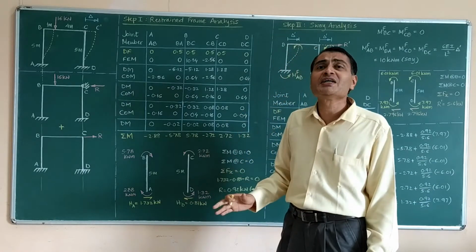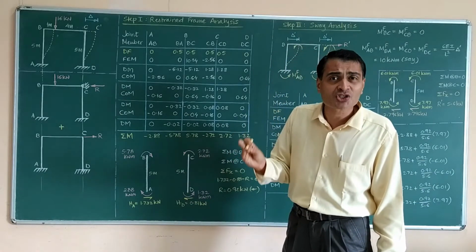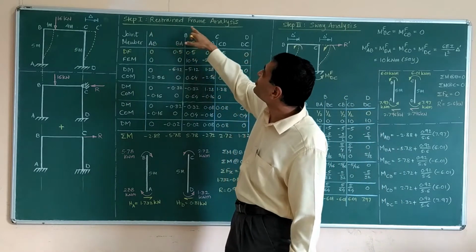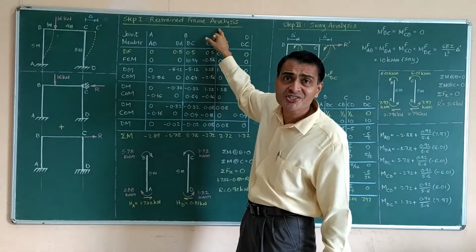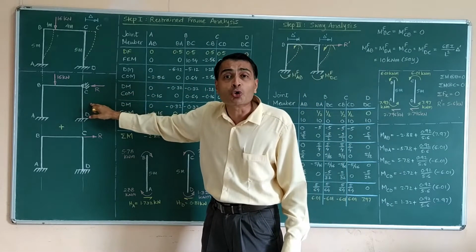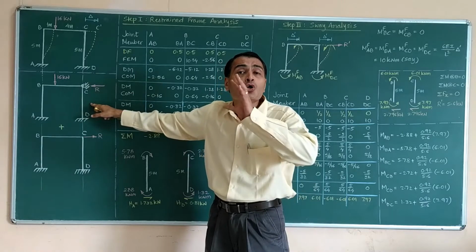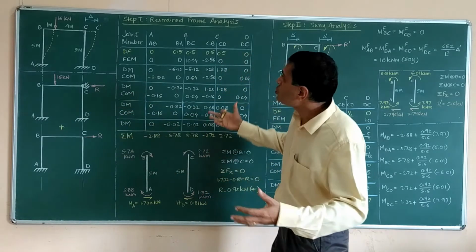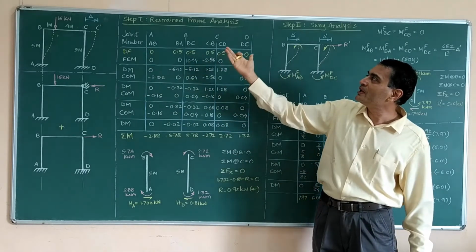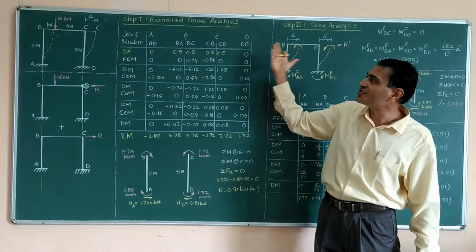So after finding fixed end moments and distribution factors, I start with step 1, restrained frame analysis by MD method. That is, this frame we are solving. First part of our total analysis. So I write joint member ABCD, AB, BA, BC, CB, CD, DC.